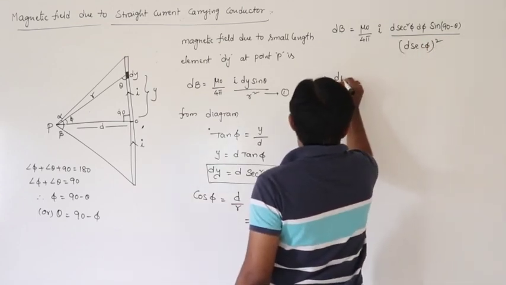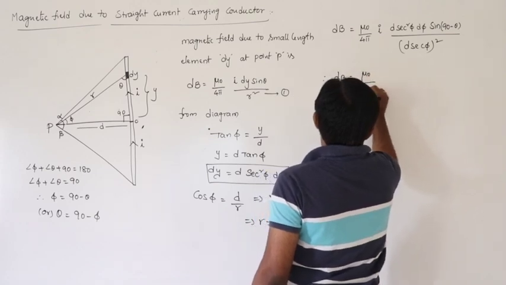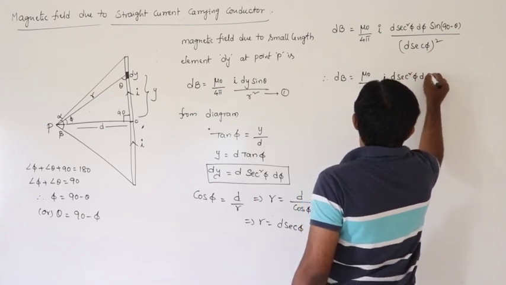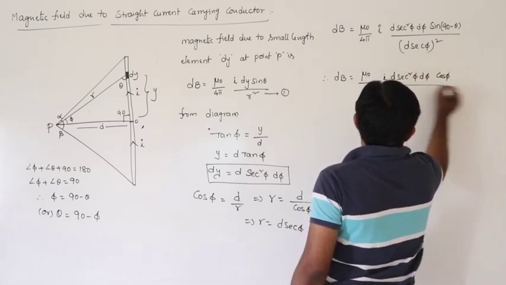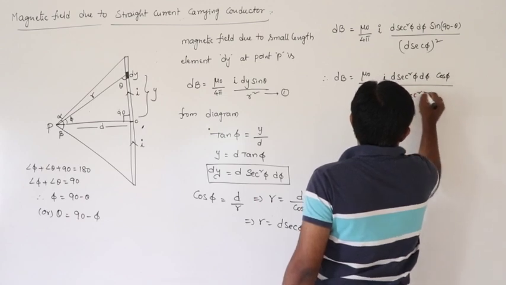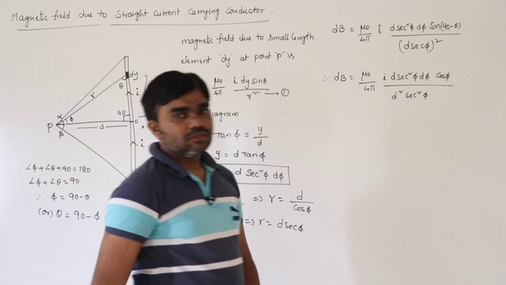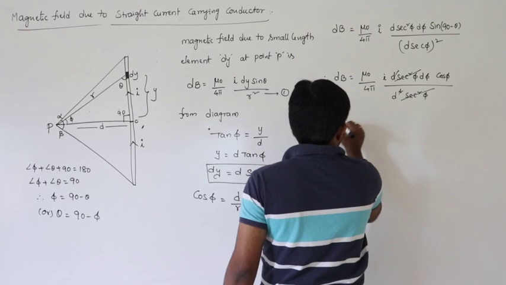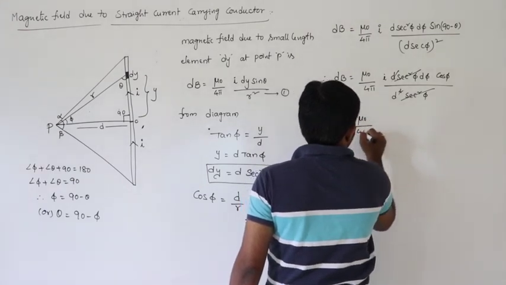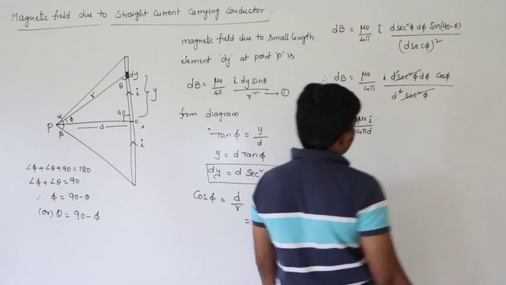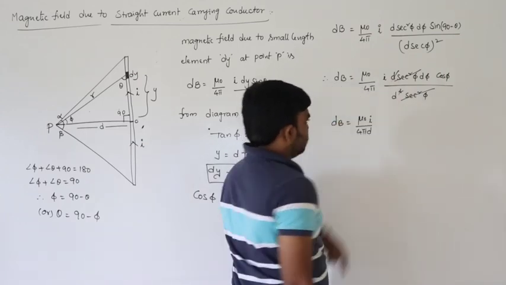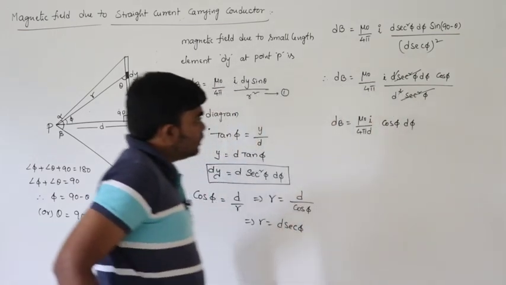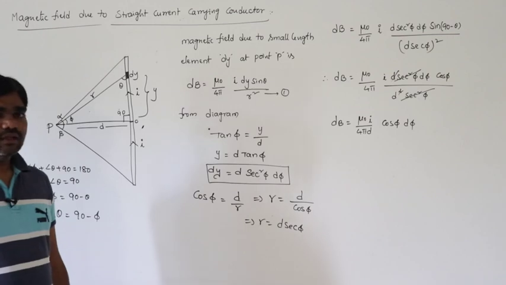Therefore dB is equal to μ0 by 4π I d sec² φ dφ cos φ divided by d² sec² φ. The sec² φ gets cancelled, and one d gets cancelled. So dB is equal to μ0 I by 4π d cos φ dφ, with d remaining in the denominator.